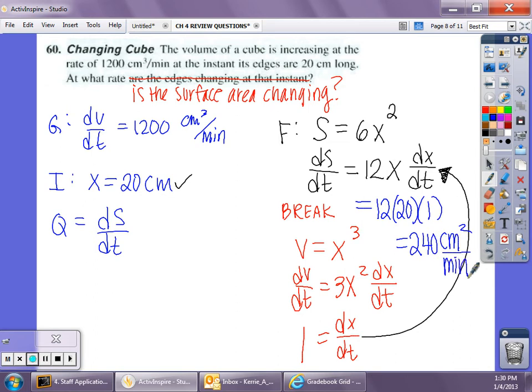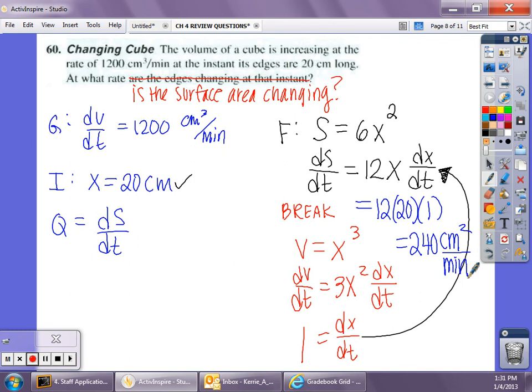So if the information that they give you and what you want to find don't seem to match up, meaning the other type of question I could ask is, given the rate at which the area of a circle is changing, I could ask you how fast is the perimeter or the circumference of the circle changing. That would be very similar to this question. They're both related by the radius.